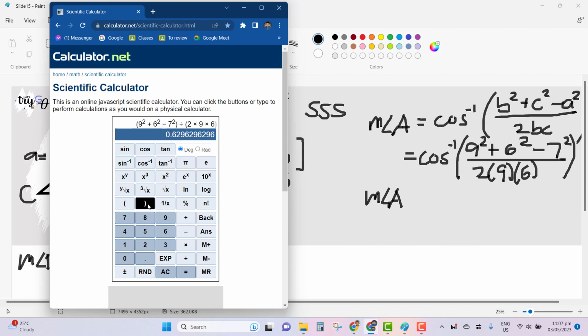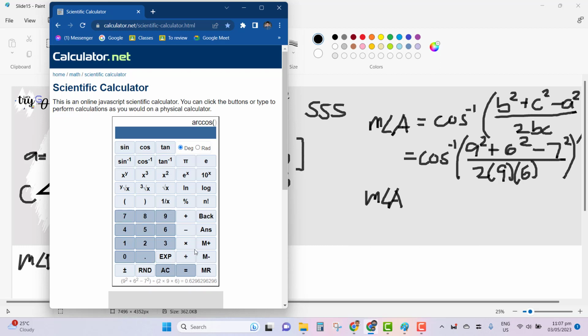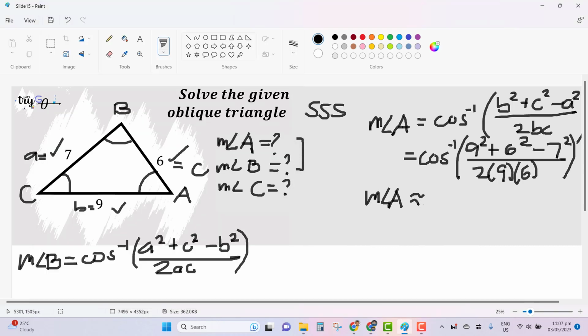Close. That's your result, equals. And that is what we will be subjecting to the arc cosine or cosine inverse. Equals, you have this result, 50.977, and so on. Rounding it off to 2 decimal places, we will have 50.98, or approximately 50.98 degrees. Notice that we use degrees as the unit of measurement for an angle.